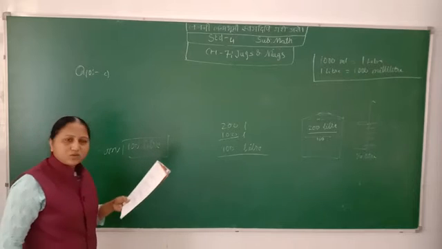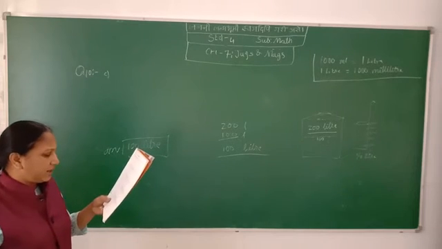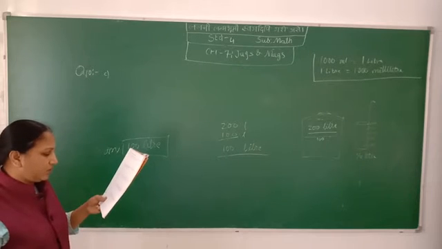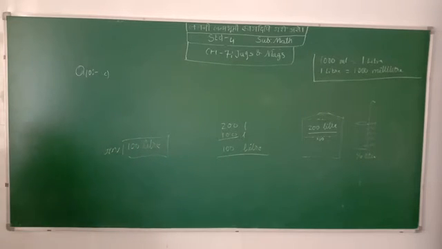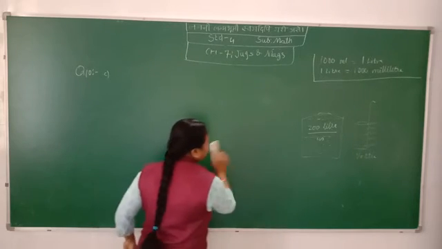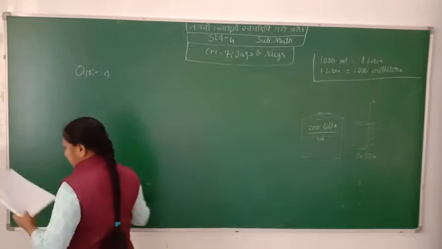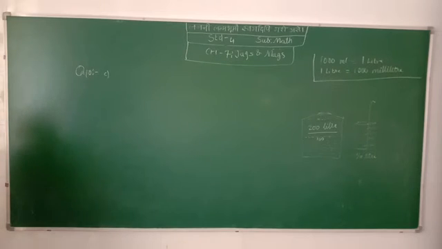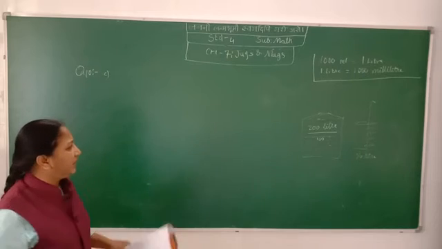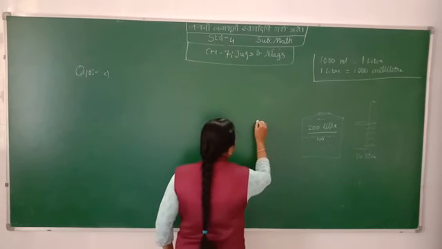Now, last question. A tank contains 30 liters of water. The capacity of the tank is 150 liters. Now, it is a small tank.